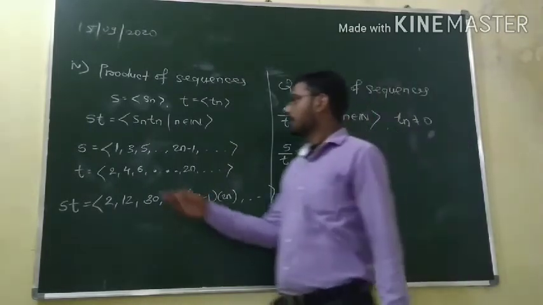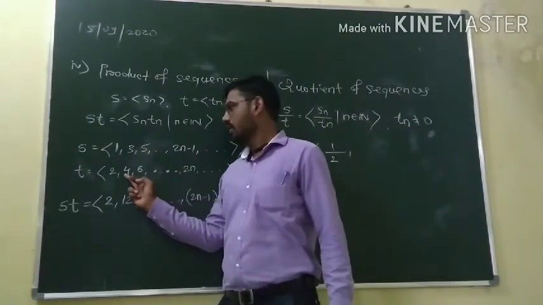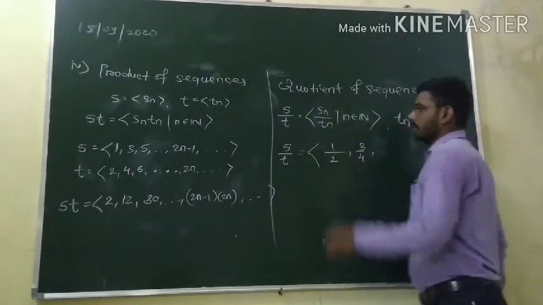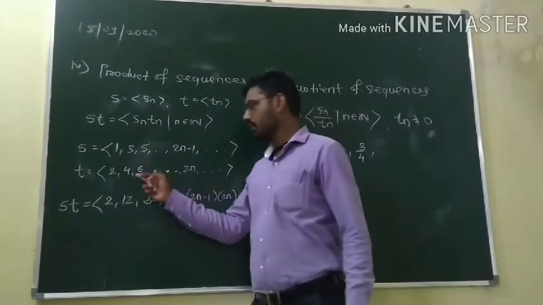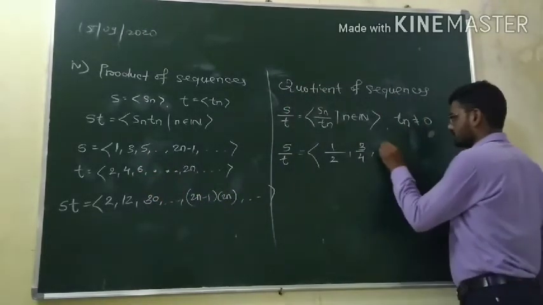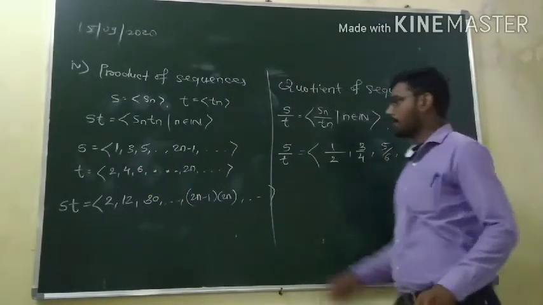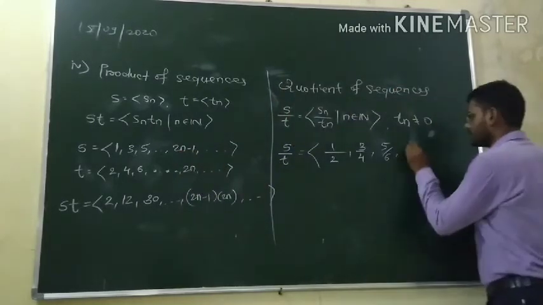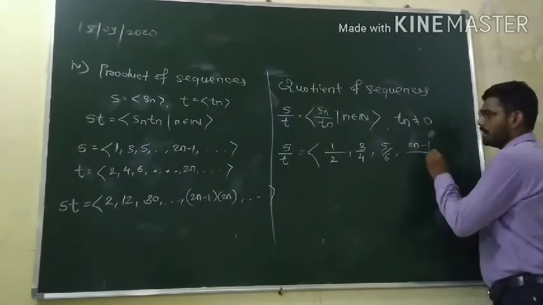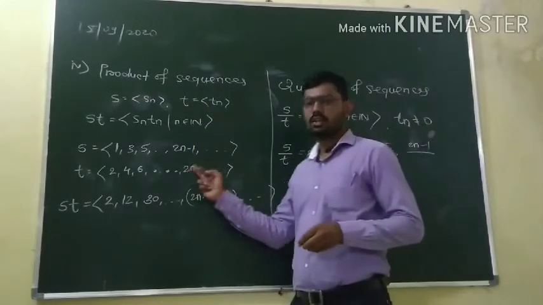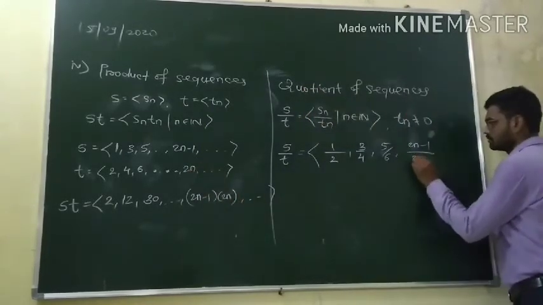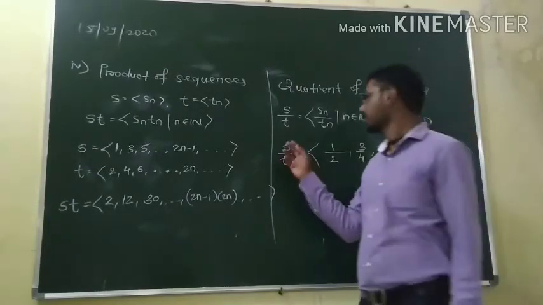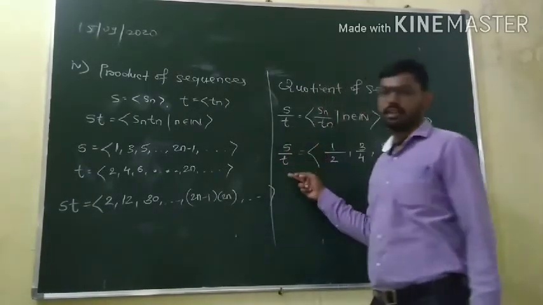Next, divide 3 by 4, the second element. So 3 by 4. Next, 5 by 6, up to the nth term. Here the nth term of S is 2n minus 1, and here the nth term of T is 2n. So this becomes the new sequence S by T.